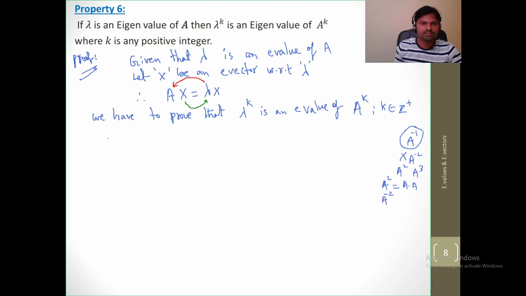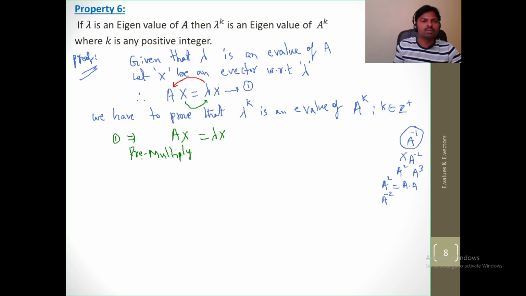Next, this is what we have to prove. Again you start with equation number 1, which implies Ax is equal to lambda x. Now I am doing pre-multiplication.